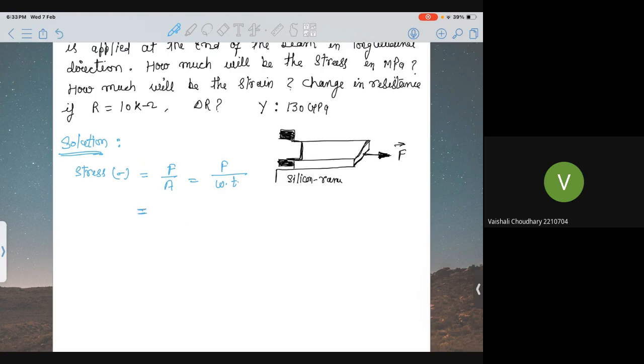The value of force is 100 micronewtons. Width is 20 micro and thickness is 5 micro. So if you calculate, you will get a stress of 1 megapascal. Okay.